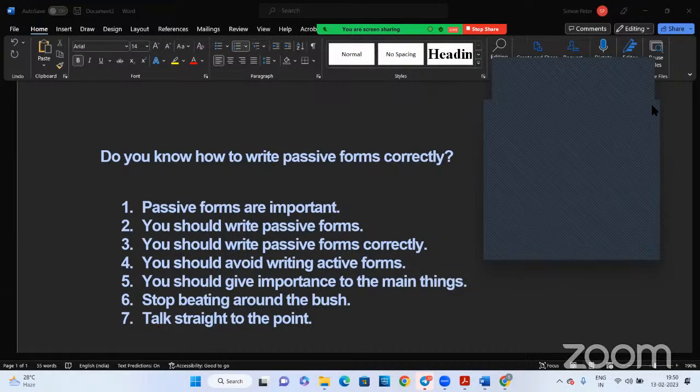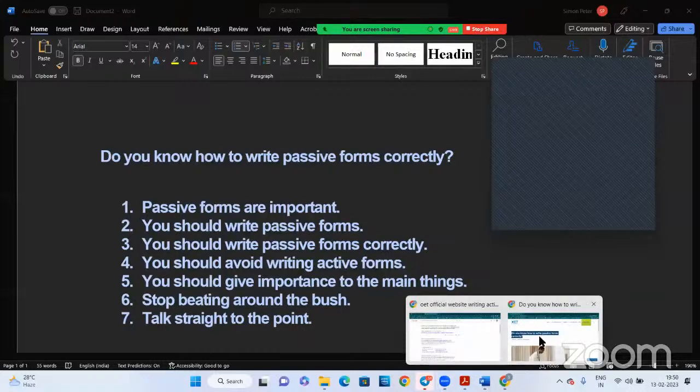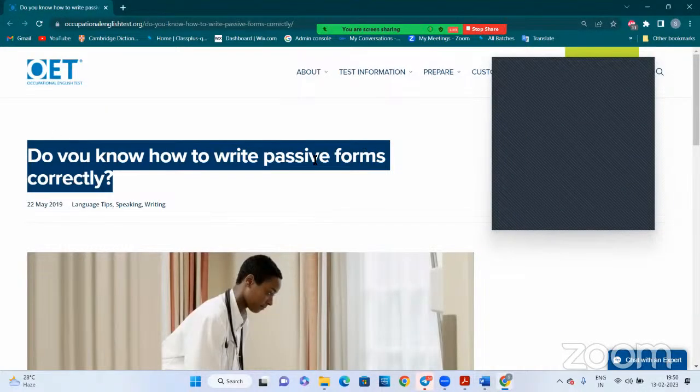That is why many students are failing 3 times, 4 times, 5 times, 6 times, 7 times, and they are crying. Say yes if you understand the importance of what I am telling you. I have given you this through official OET. Official OET is asking, do you know how to write passive forms correctly? That you have to understand.